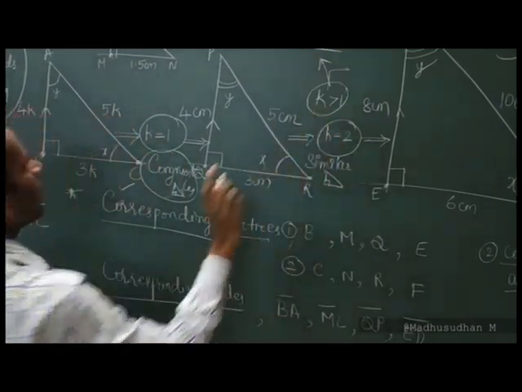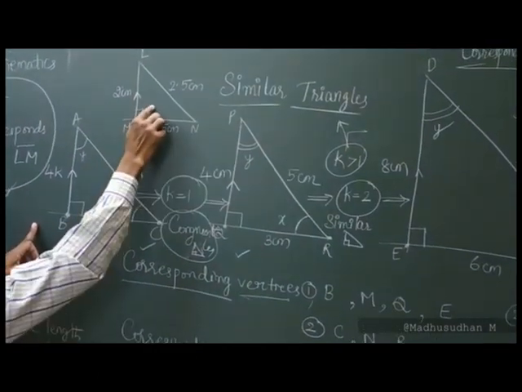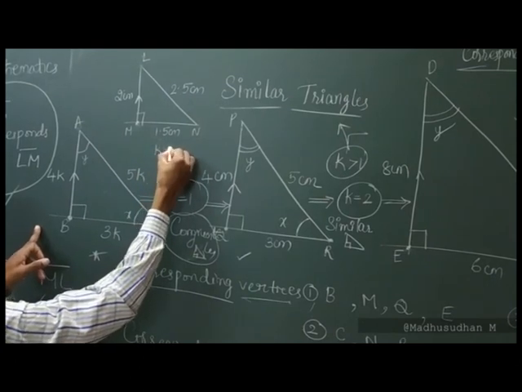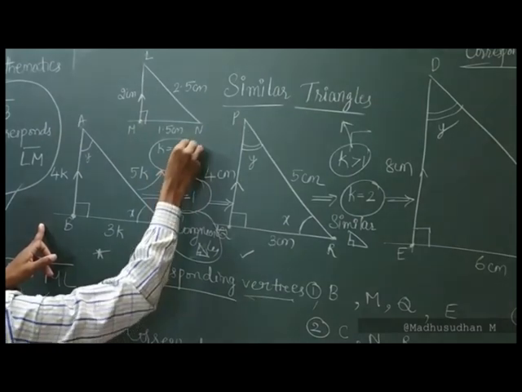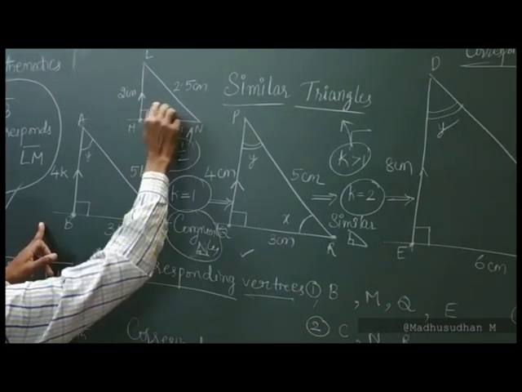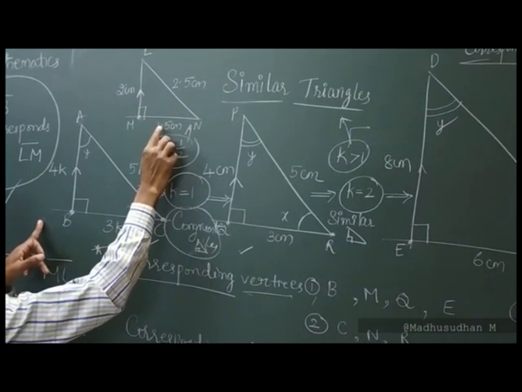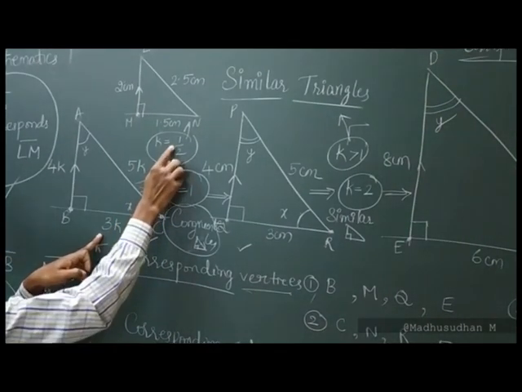Follow each other. So now, if I compare these two triangles, K is equal to 1 by 2, right? K equals 1 by 2 for these two similar triangles. See here, please understand, 1.5 or 3. What is the K value here? K is 1 by 2.